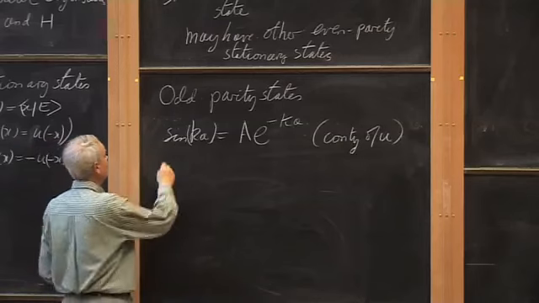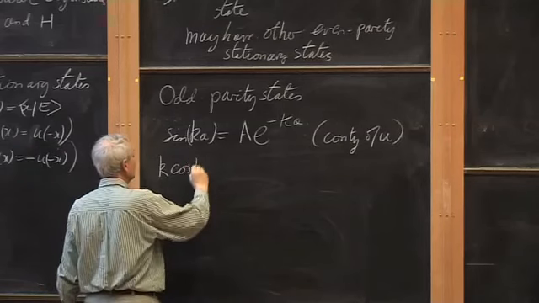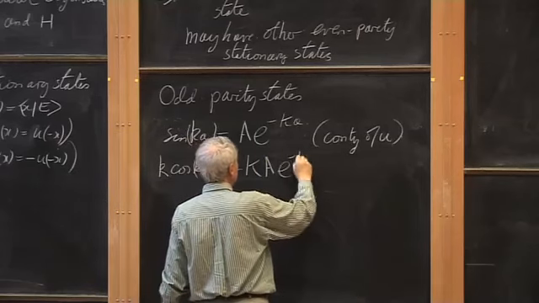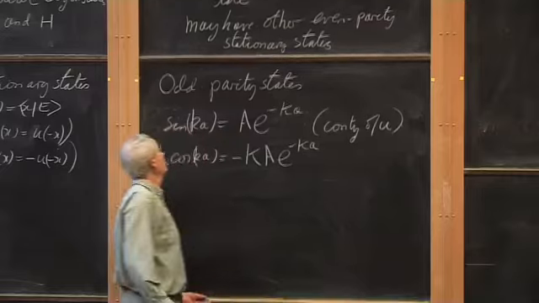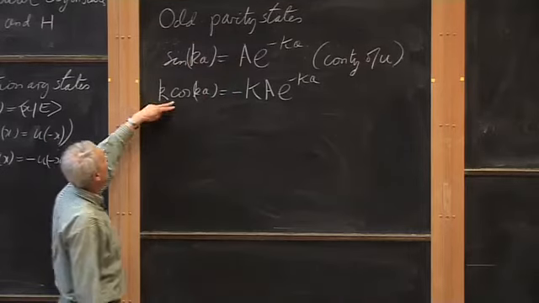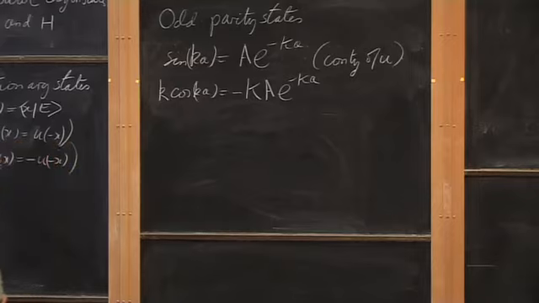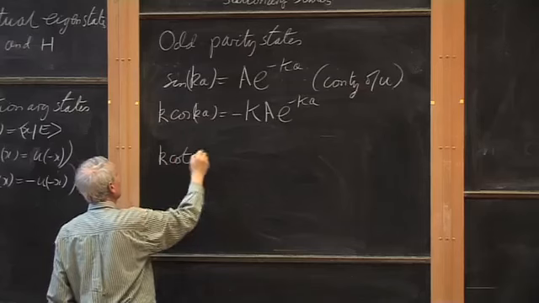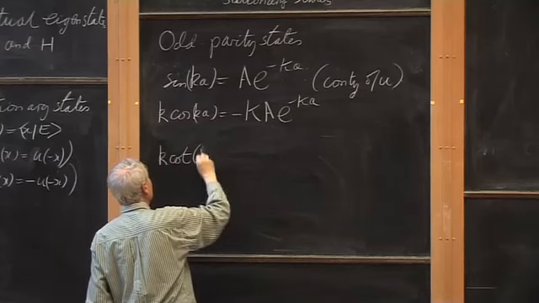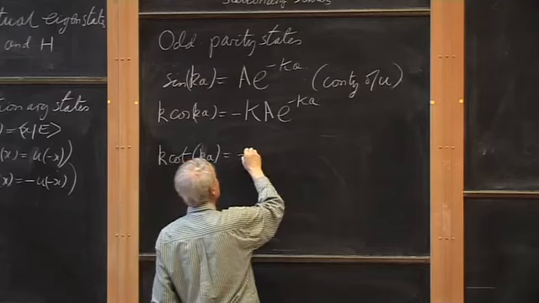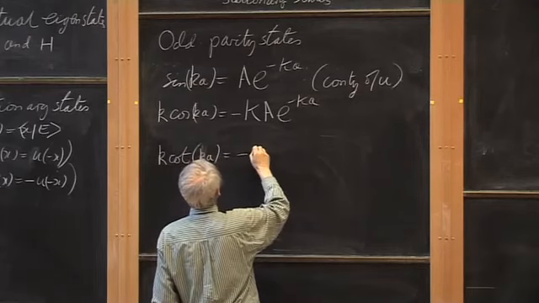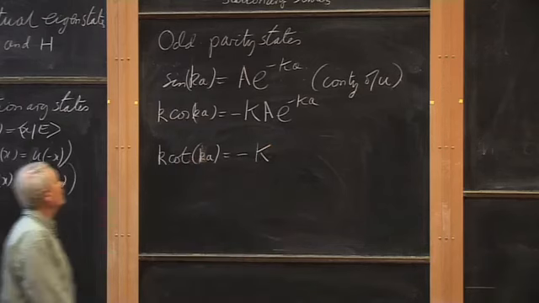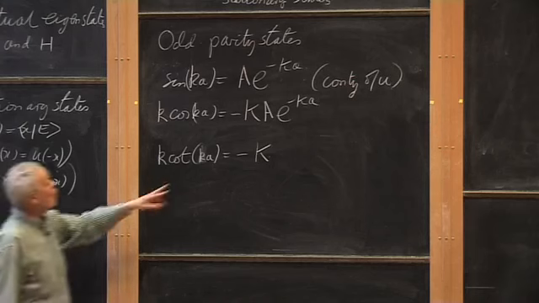The derivative of this is going to give me k cos ka is equal to minus big K A e to the minus Ka. If we divide this equation by this equation, analogously to what we did before, we are going to get k cotangent of ka is equal to minus big K. So now we have only one minus sign.